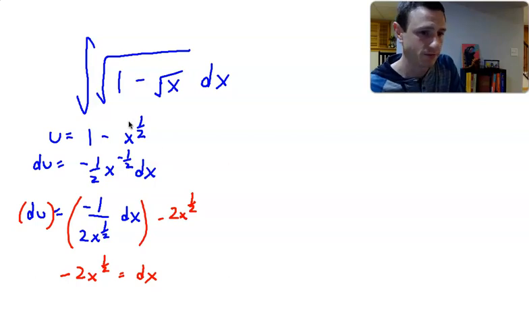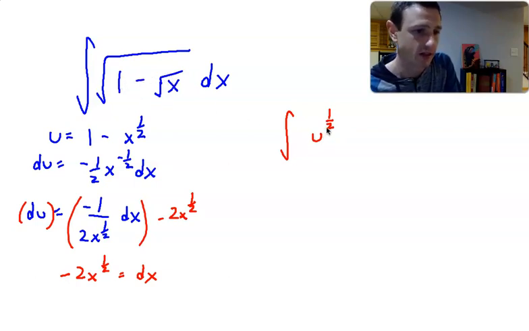So what I'll do now, just to see where I'm at, is substitute it back in and replace some things. I'm going to have the integral of u to the 1/2, because I replaced this whole statement with u. 1 minus the square root of x is being raised to the 1/2 because all of this is underneath the square root, times, and then I'm replacing dx with that negative 2x to the 1/2.